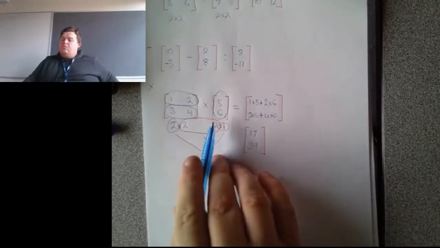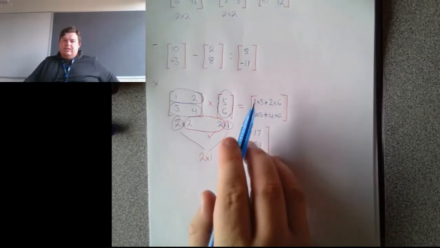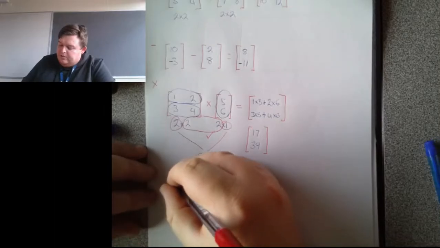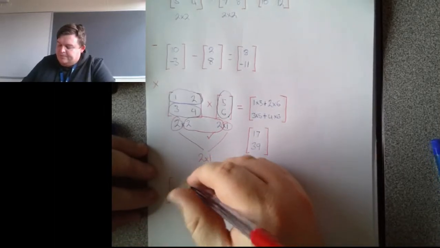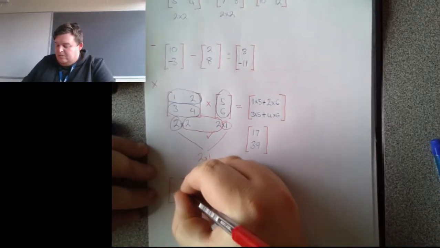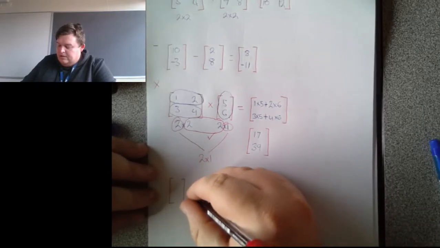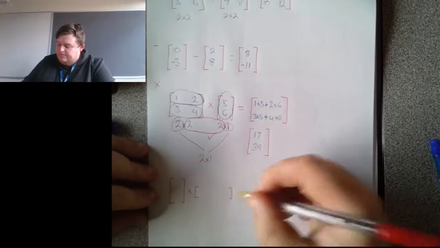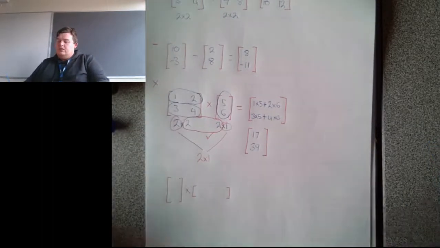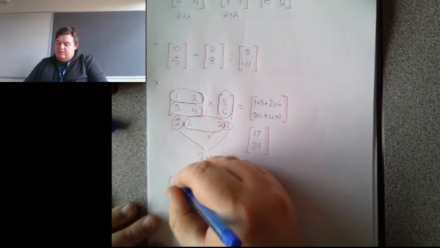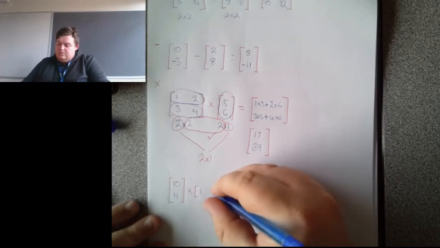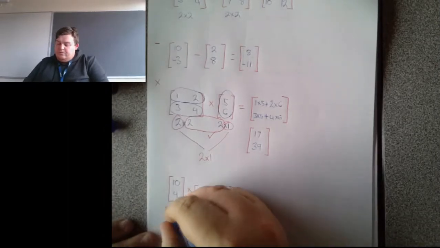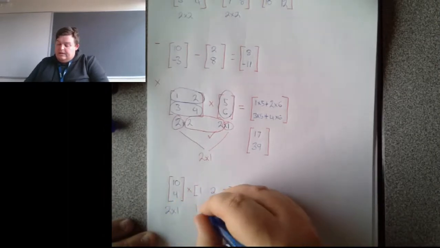Now, if there's more columns in the second one, you'll have to do some more operations. So let's have a look at a bigger one. Let's do a 2 by 1 times a 1 by 3. This is a tricky one. So we've got to check, does it work? We have 2 by 1 and 1 by 3.